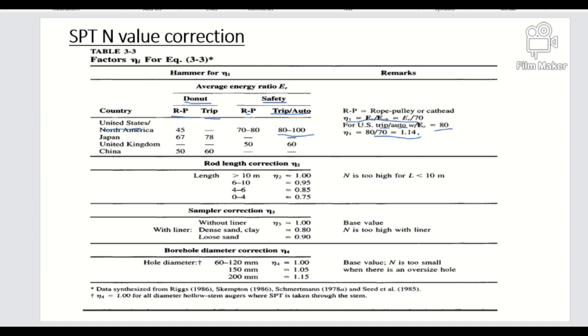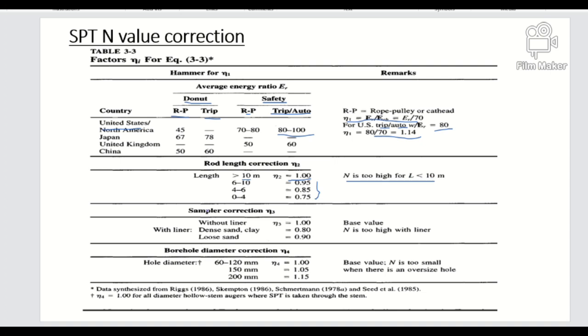So here η1 we have to calculate. Then the rod length correction η2: if the rod length is greater than 10 meters, the correction factor is 1. If it is 6 to 10 meters, the correction factor is reduced, reducing the N value.